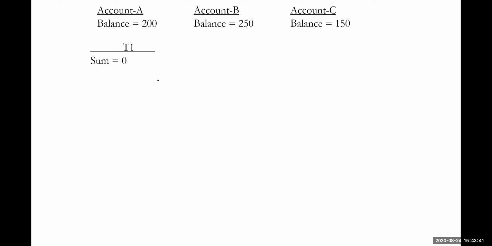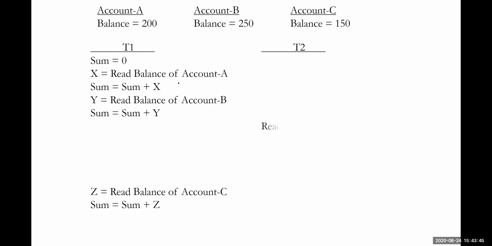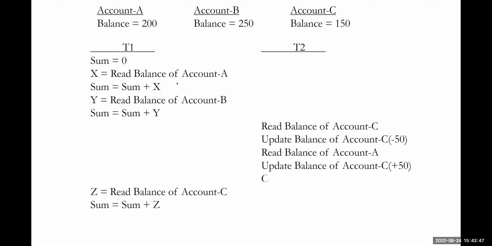Transaction T1. Look at this, I'll reveal everything, then you could understand very easily. A transaction T1 has started. There is a local variable sum equal to 0. The balance of account A has been read and added, so sum equals 200 at this situation.